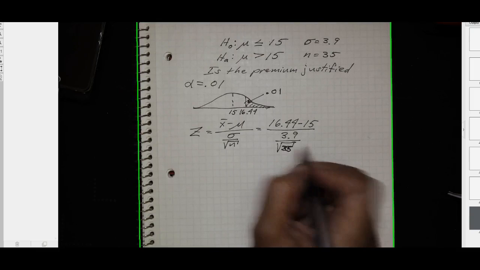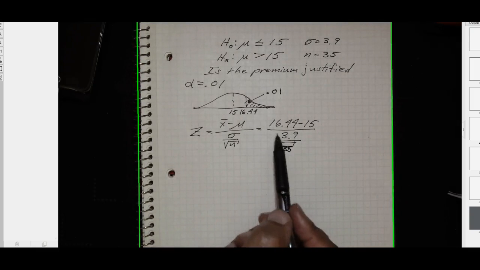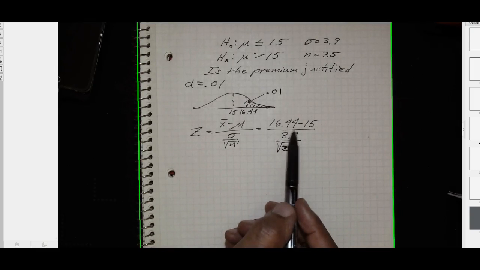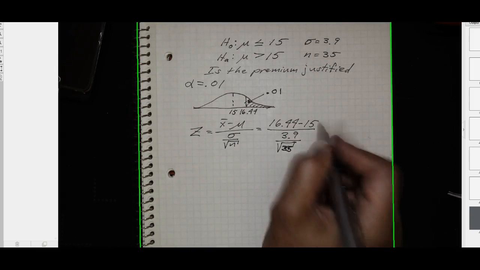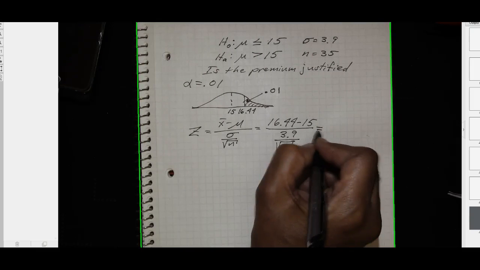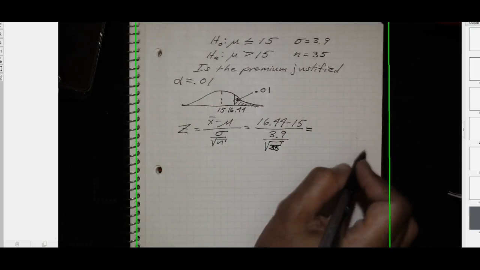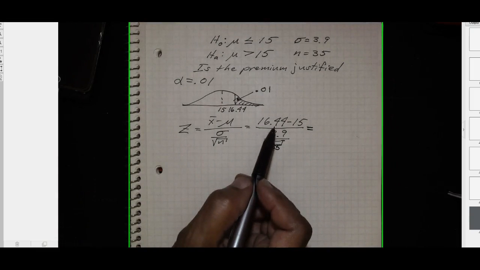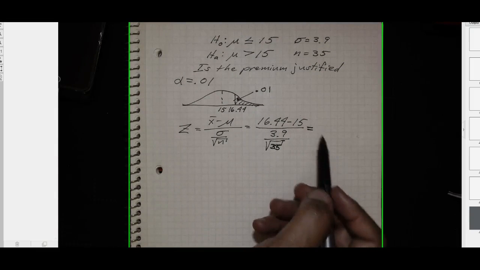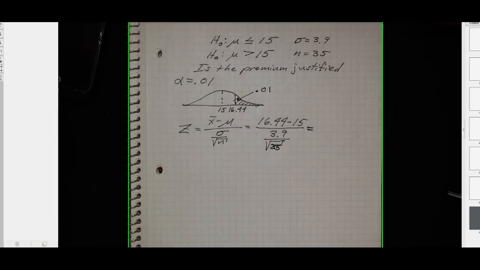Now the odd thing about this problem is it's important that you use 2 decimal places for this x bar. If you don't, you'll get a value that the online facility won't accept. If you use only 16.4, you'll get a z-value of 2.12, which the Cengage facility will mark wrong.